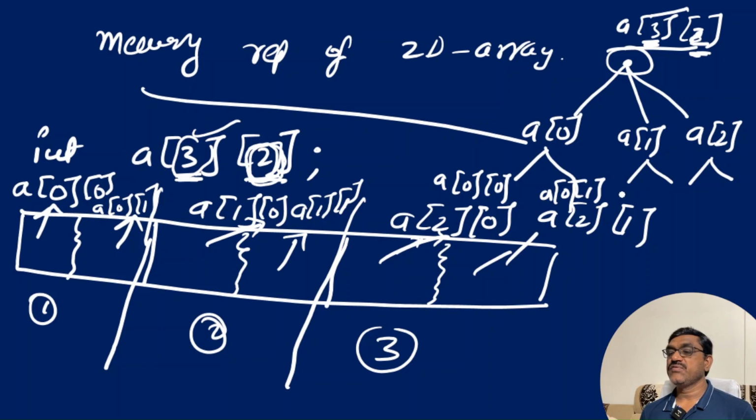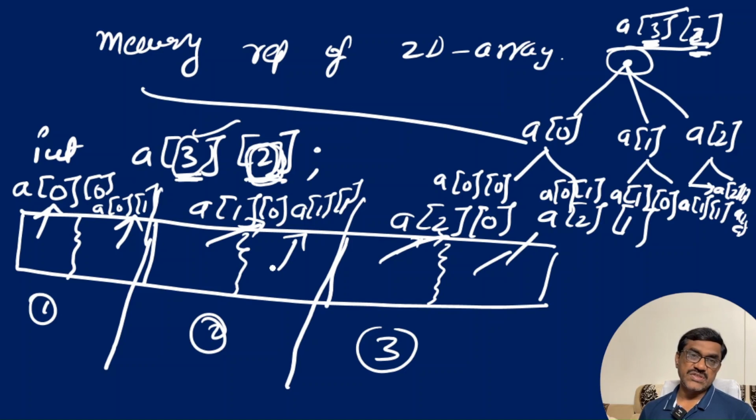This is the first part of A[1], that means A[1][0]. This is the second part of A[1], that we call A[1][1]. And here it is A[2][0], and the last one is A[2][1].